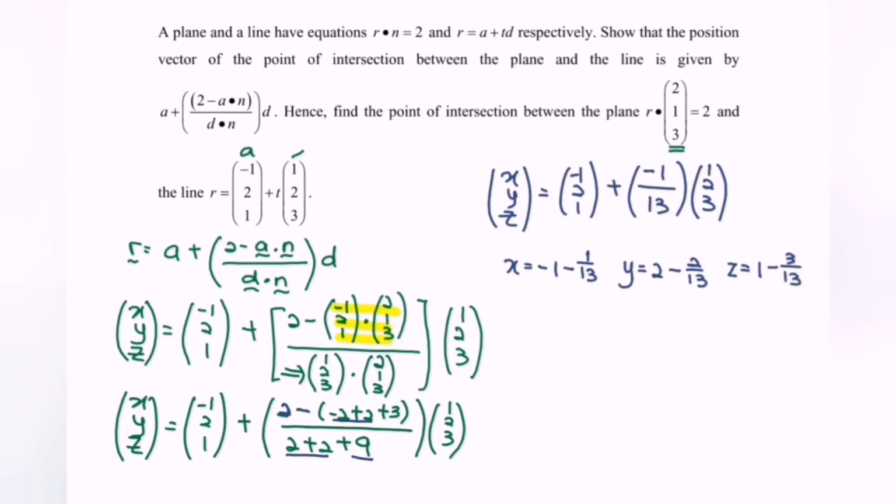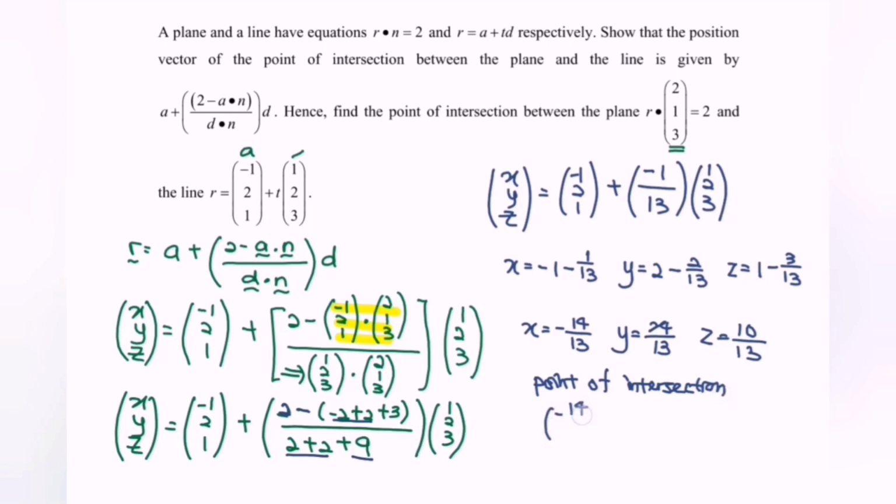So finally, x equals -14 over 13, y equals 24 over 13, and z equals 10 over 13. The question said point of intersection, so it is (-14/13, 24/13, 10/13).